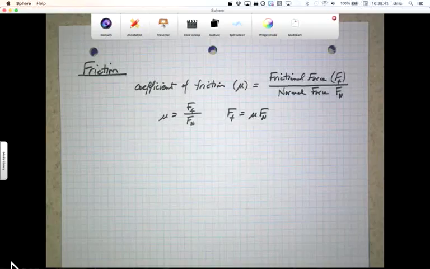For example, the frictional force of steel against steel will be different than the frictional force of wood against steel, or wood against wood, or rubber on concrete, or rubber on ice, or any of these things. Okay, so that's one thing.